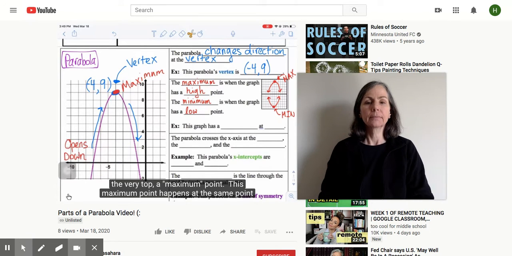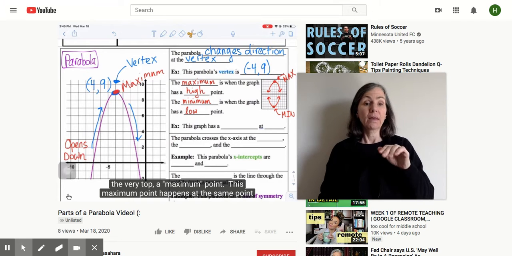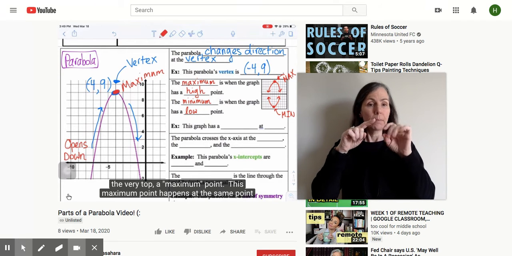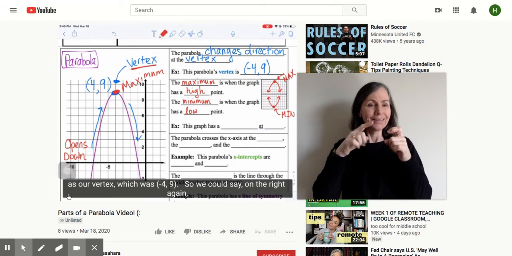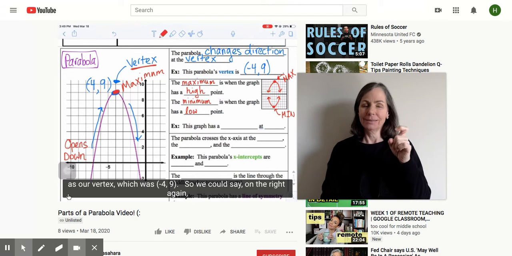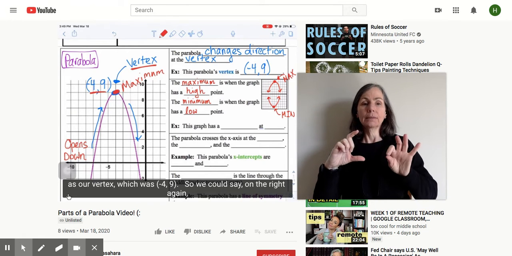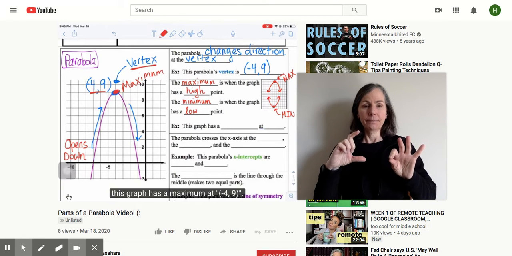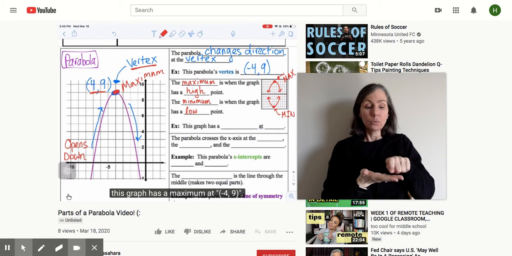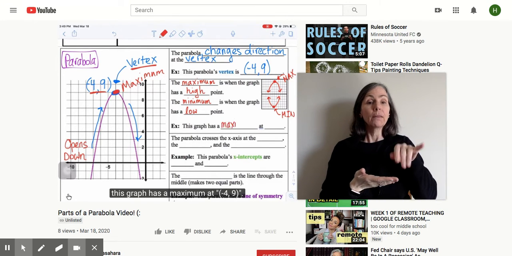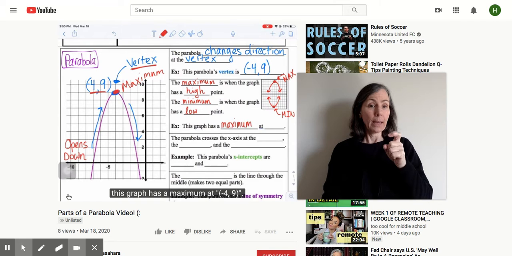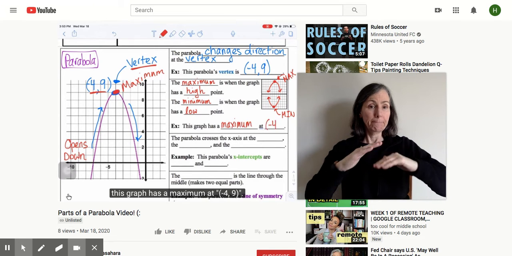This maximum point happens at the same point as our vertex, which was negative 4, 9. So we could say on the right again, this graph has a maximum at negative 4, 9.